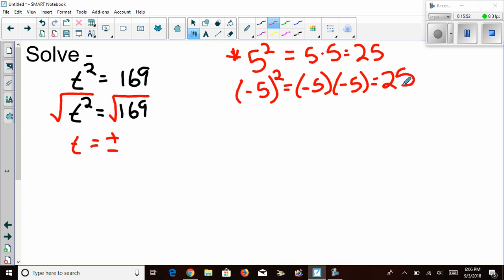So if I wanted the square root of 25, it is positive and negative 5. Two possible choices.